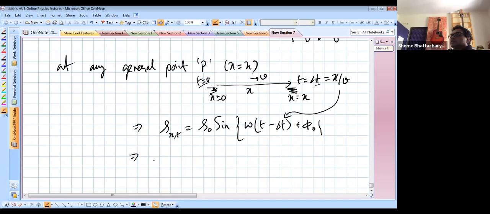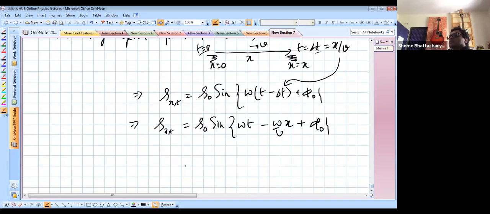So as you can see here, s becomes some amplitude into sine of omega t minus omega by v into x plus phi naught.